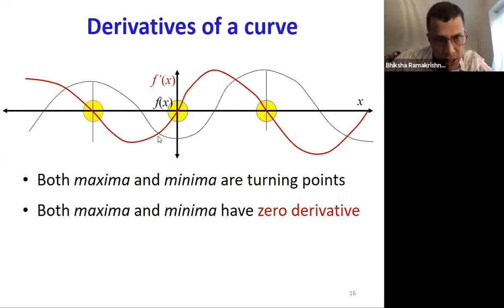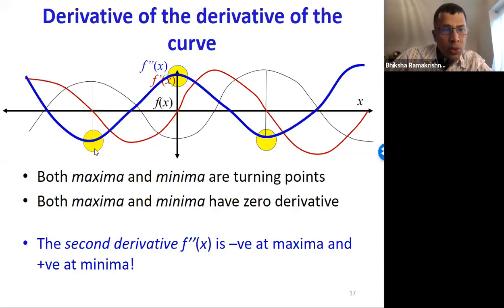So the slope is initially negative and then it becomes positive. And so at the specific minima or maxima, the slope itself is 0, but in both cases, the slope is 0. What we observe is that the derivative itself has a negative slope at maxima because the derivative has gone from being positive to being negative. At minima, the derivative has gone from being negative to positive, so the derivative has a positive slope.